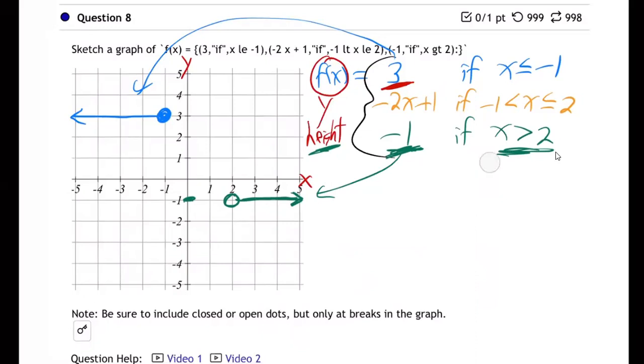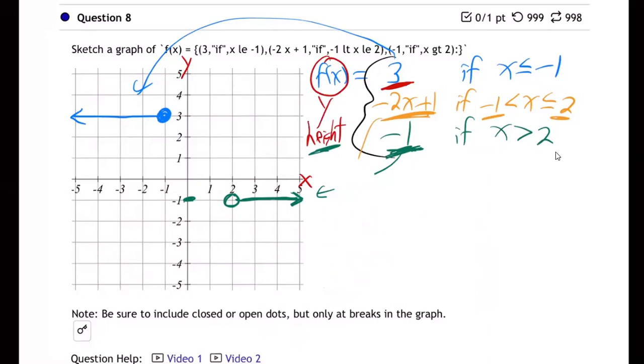Now, finally, for the orange part in between, how are we going to get that? That's -2x plus 1. So I'm going to make a little table for that. I'm running out of room in a big hurry.